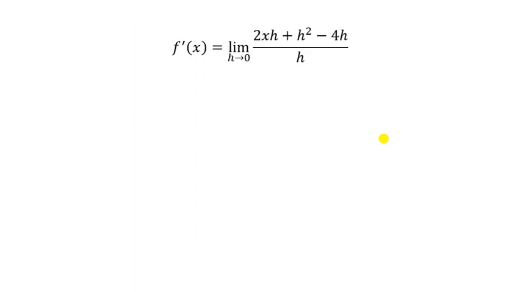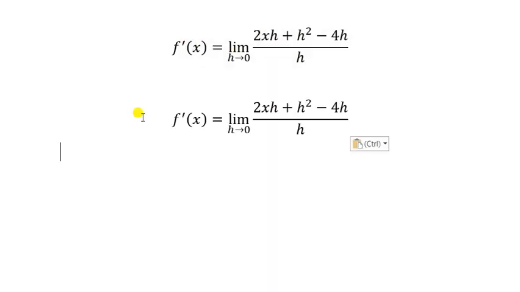So this is a much simpler limit to solve. All we need to do here, we have two paths. We can either divide each of these terms into h, so we get rid of this h in the denominator, or we can factor the numerator so we can get rid of the h. The idea here is to get rid of the h in the denominator so we can calculate the limit. So in this case, we can simplify our derivative.